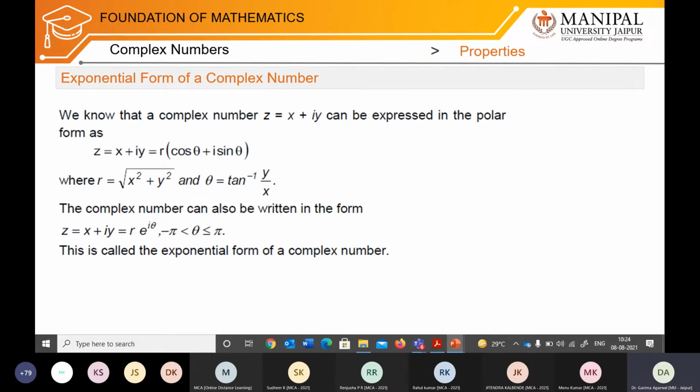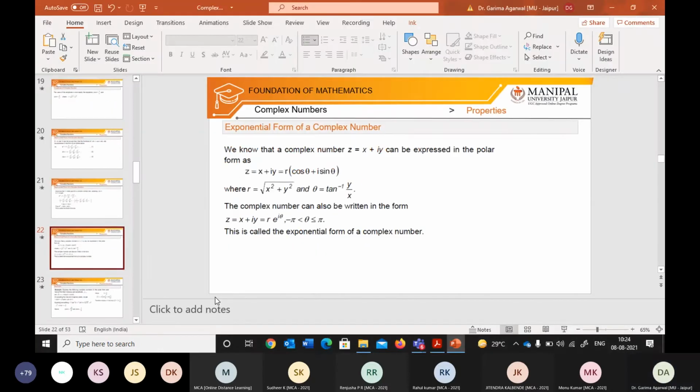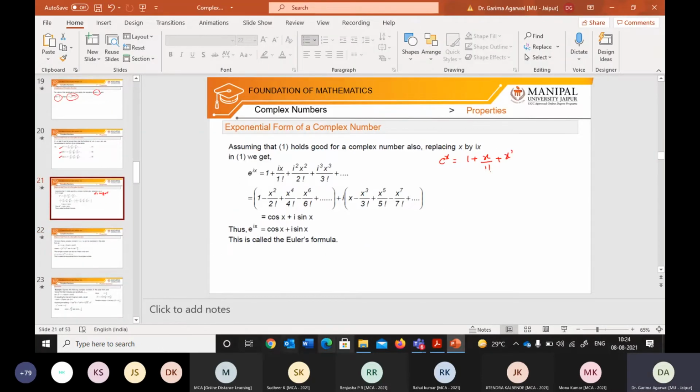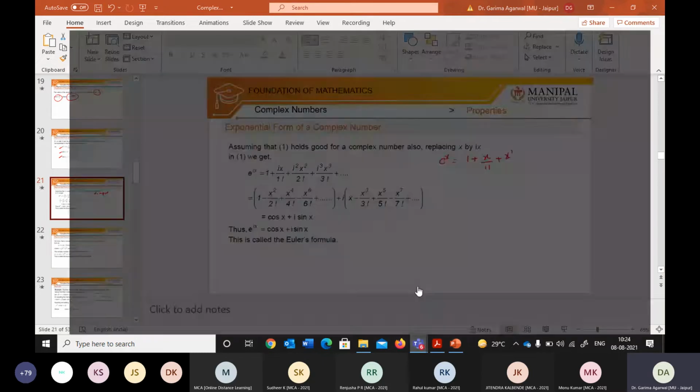Now the exponential form. Let me take your questions.